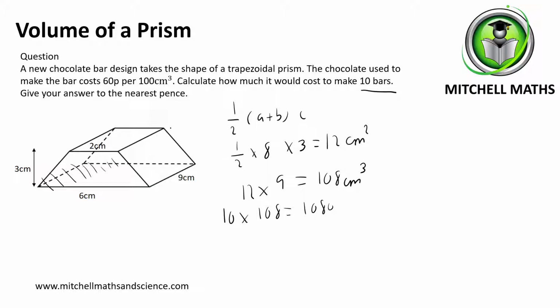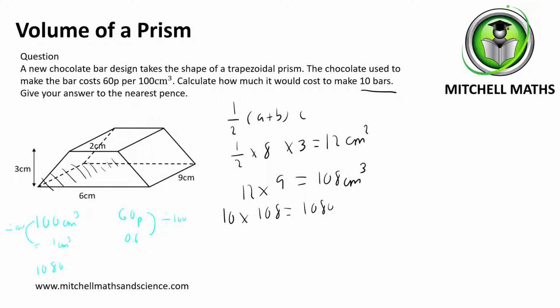And if we look in the question, it tells us that 100 centimetres cubed costs 60 pence. We need to scale that up to 1080. So what I'm going to do first is divide by 100, just to get 1 centimetre cubed, which is 0.6.